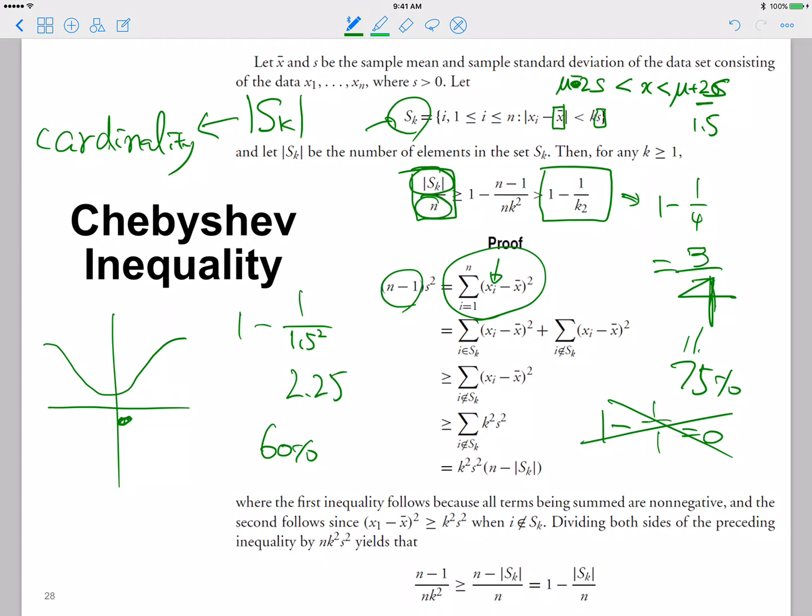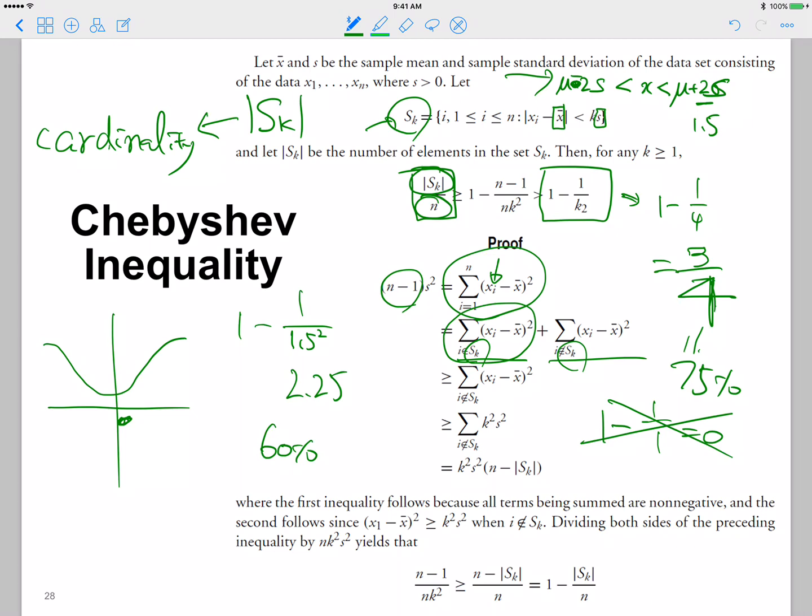Suppose we have 100 data items, then we will have 100 such terms. We can partition them into two parts: the first contains those data items falling into this range, and the other is the remaining data outside of this range. That is what we did here.